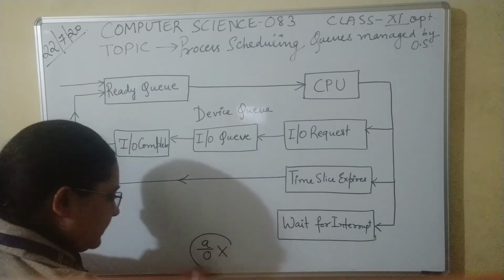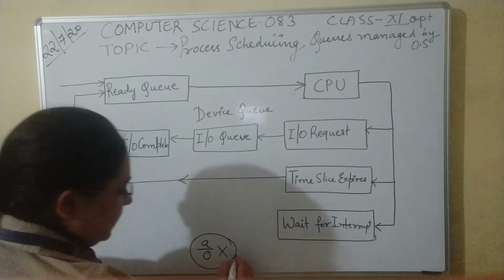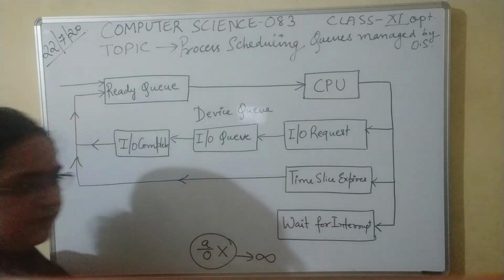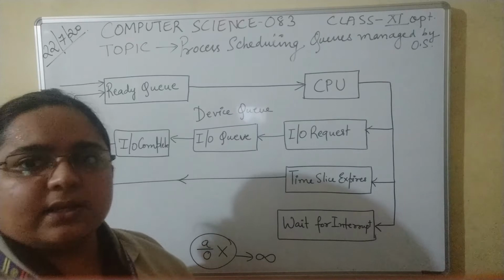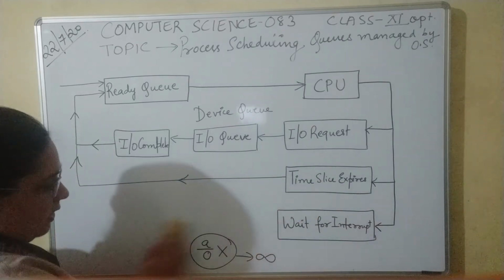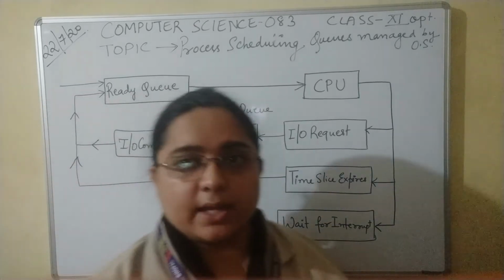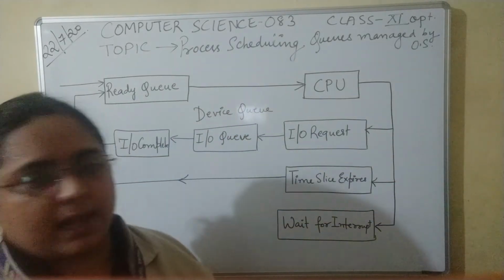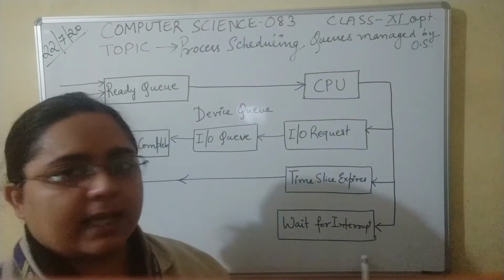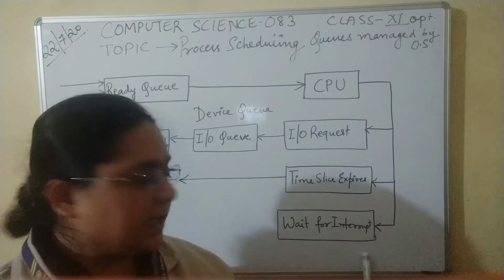Somewhere you might have given a statement like this: a divided by 0, which is not recognized in computers. Why? Because its result we know is infinity. Anything divided by 0 is what? Infinity. So infinity is undefined and it gives a division by 0 error in computer programs, and hence that can generate an interrupt.